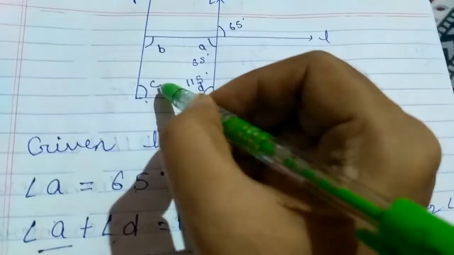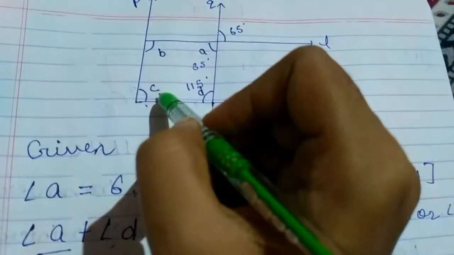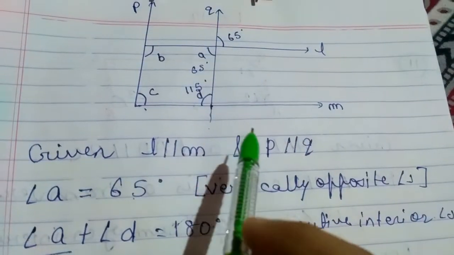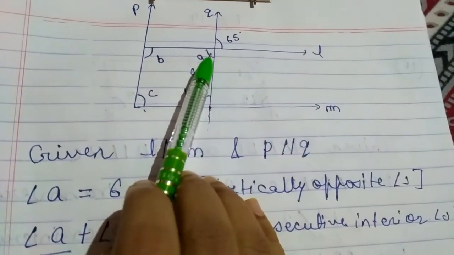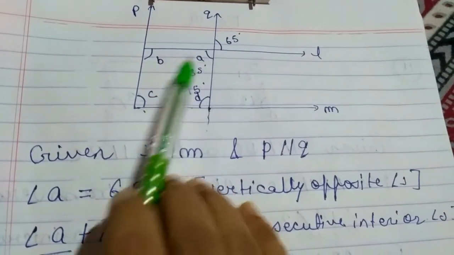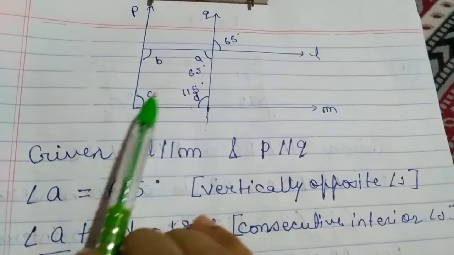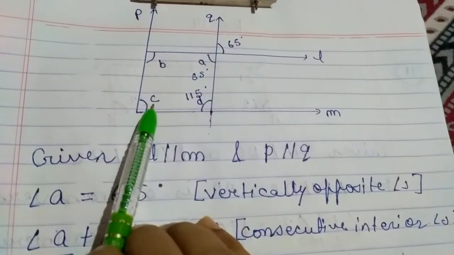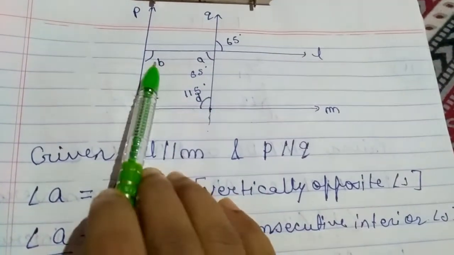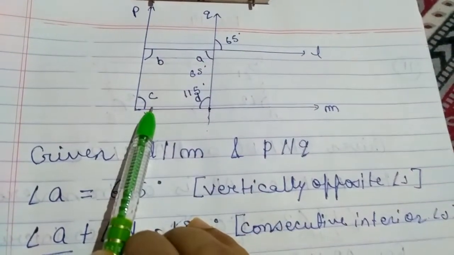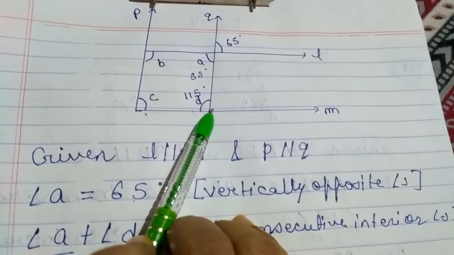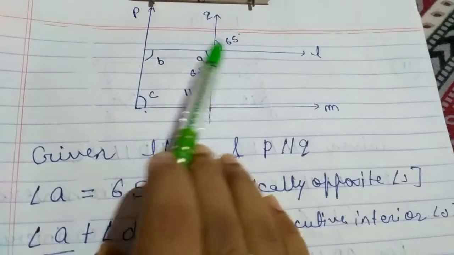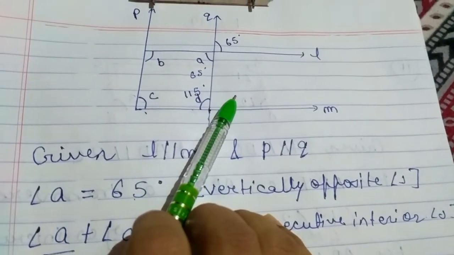Now you have to find B and C. So for B and C, one thing from question number 11, you know that the opposite angles of a parallelogram are equal. This is a parallelogram. So A is equal to C and B equal to D. Why is this called a parallelogram? Because its sides are parallel to each other.